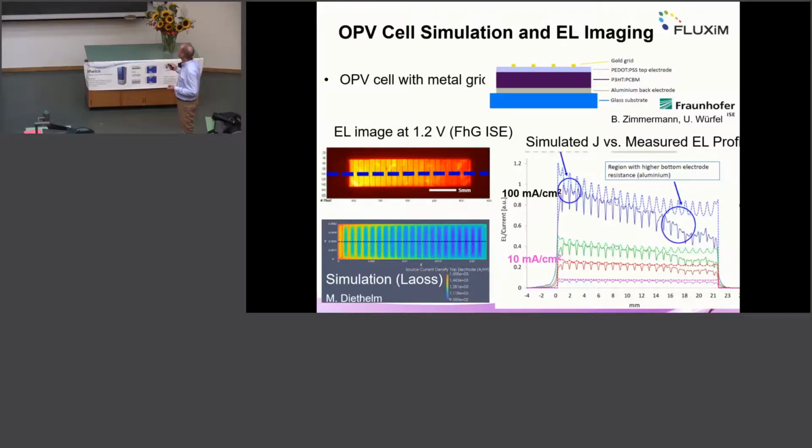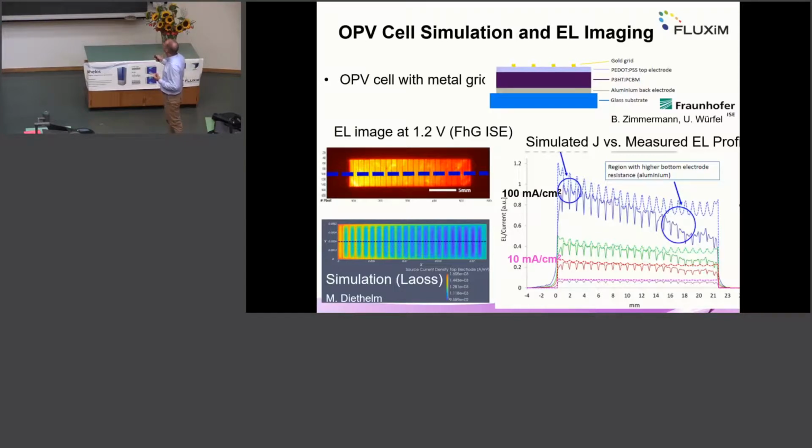But in the simulation, we have the metal grid, and even on the metal grid, we can also evaluate the current density. So in the simulation, we have a peak where we have a dip in the measurement. So that's a bit confusing. But beside that, you can notice that the agreement is very good.